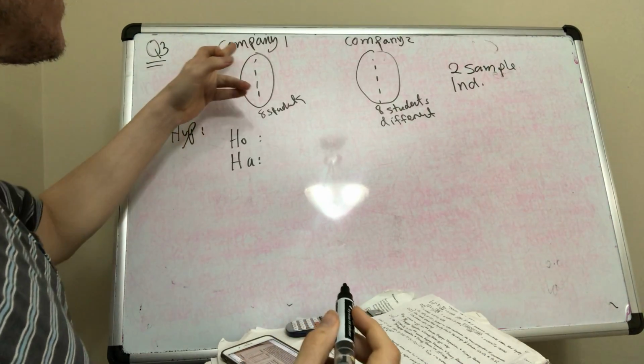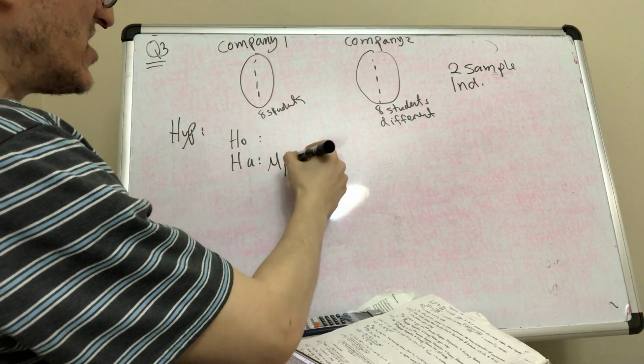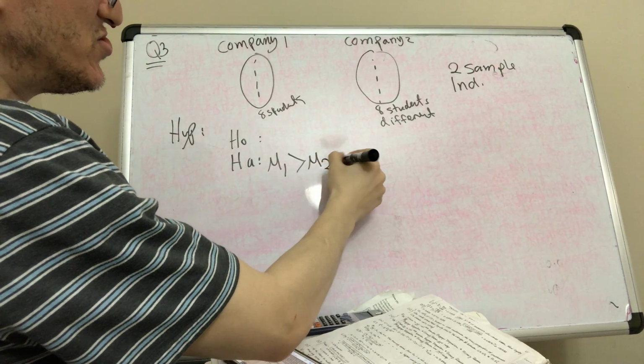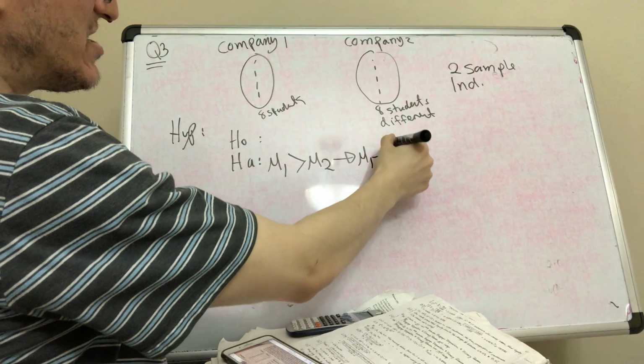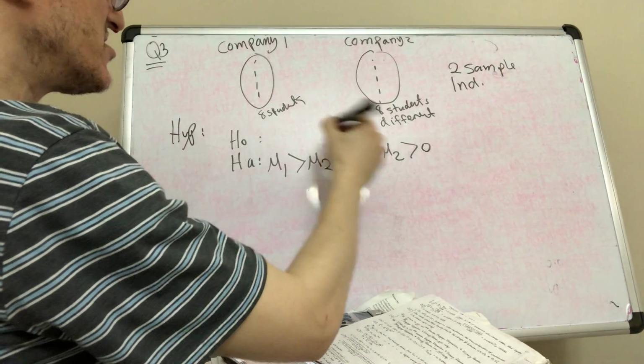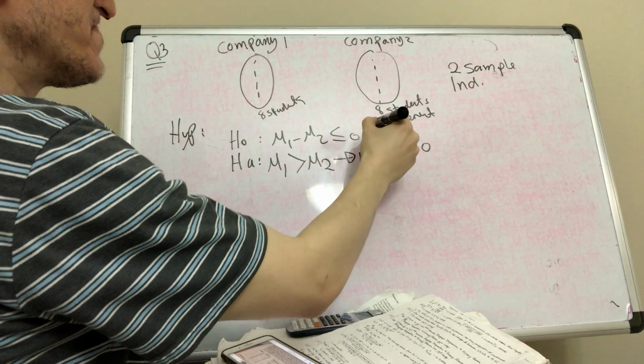So if you're proving that Company 1 is more than Company 2, you say mu1 more than mu2, and if you bring it over, it would be mu1 minus mu2 more than 0. This one would be the complete opposite.